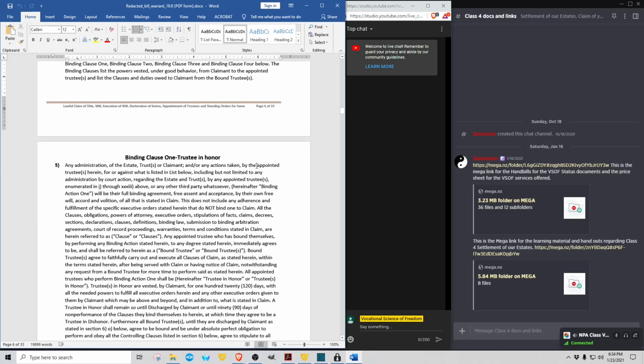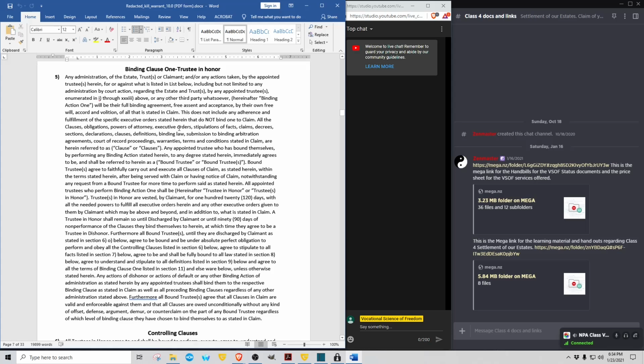So they're all clear. So I will read binding clause 1 here. Any administration of the estate or trust or claimant and any actions taken by the appointed trustees herein for or against what is listed in list below.